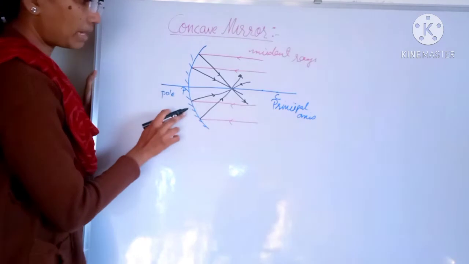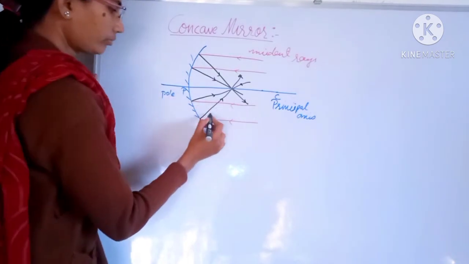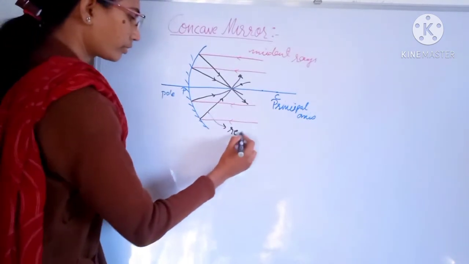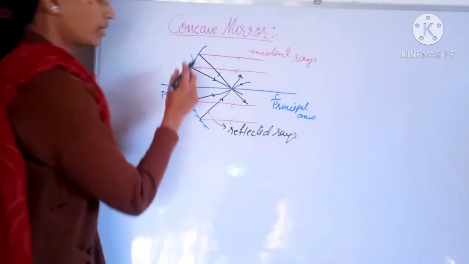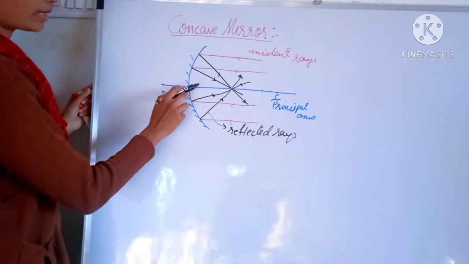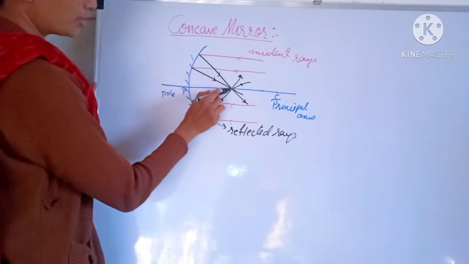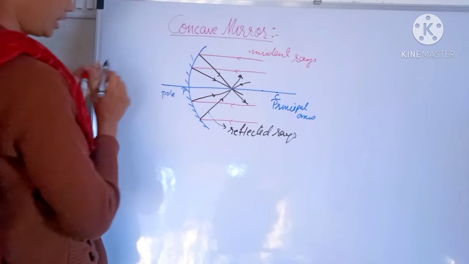So these black colored rays are reflected rays. These rays after reflection get converged when it is a concave mirror.